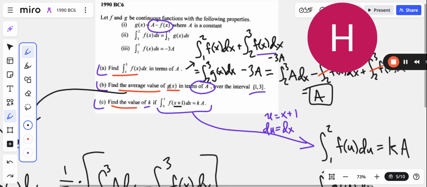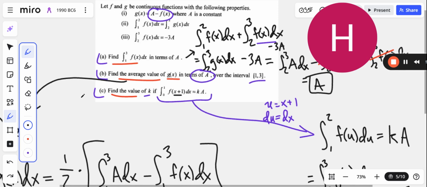We're asked for the integral from 1 to 3, the average value, which still involves the integral from 1 to 3. And then part C, I would say, is the trickiest because we have to use a U-substitution, or a shifting of the function and the limits of integration, to finish that one off.